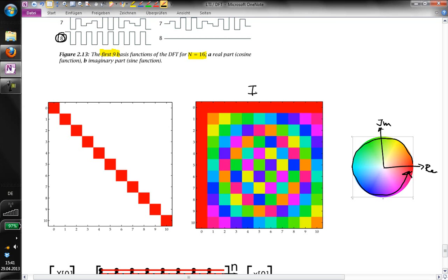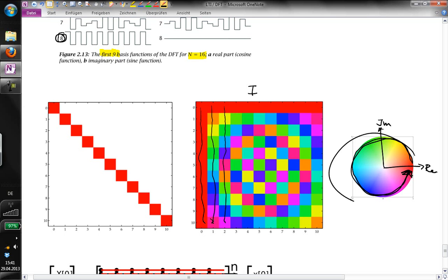So the first column is all constant. Every entry has the value 1 over square root of n. The next column corresponds to 1 revolution in this complex plane. And you see by the colors that the direction was as I had indicated. So this tells me I'm looking at F and not F star. Then this column already has 2 revolutions.